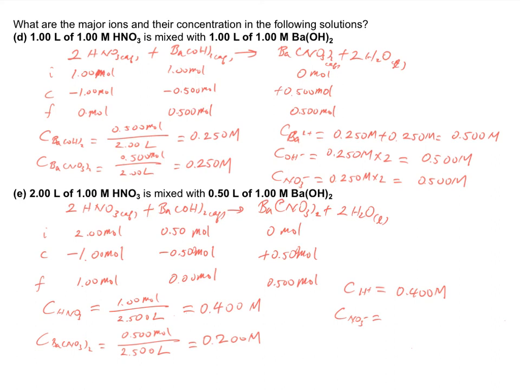So the final concentration of nitrate ion is 0.400 molar from nitric acid, plus 0.200 molar times 2, because 1 mole of barium nitrate produces 2 moles of nitrate ions. Therefore the final concentration of nitrate is 0.800 molar. And the concentration of barium, which is solely from barium nitrate, is 0.200 molar. Okay.